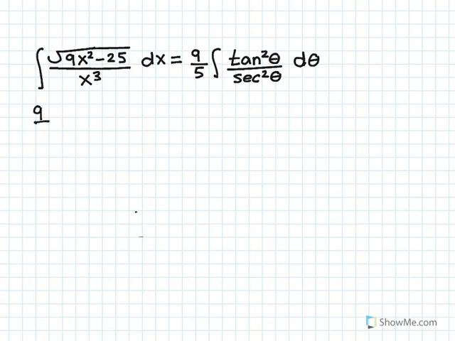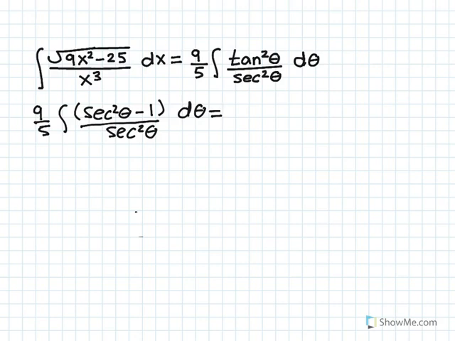So we get 9 over 5 integral of secant squared theta minus 1 divided by secant squared theta d theta. Let's split up the fractions, and we get 9 over 5 times the integral of secant squared theta divided by secant squared theta, which is 1, minus 1 over secant squared theta, all integrated with respect to theta.